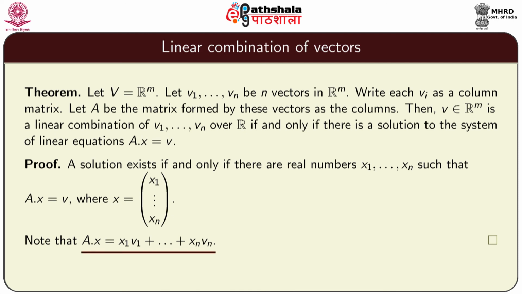But A dot x is nothing but x1 v1 plus x2 v2 and so on xn vn. Therefore, a solution exists if and only if V can be written as x1 v1 plus x2 v2 and so on up to xn vn. That means, V is a linear combination of v1, v2, vn over R.